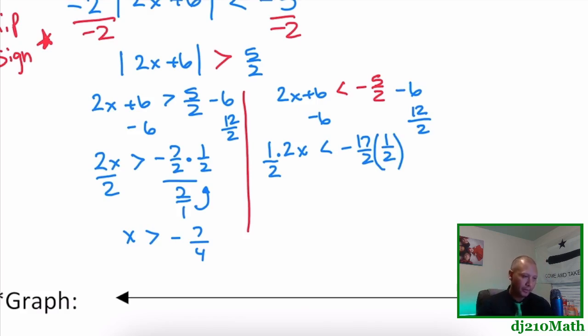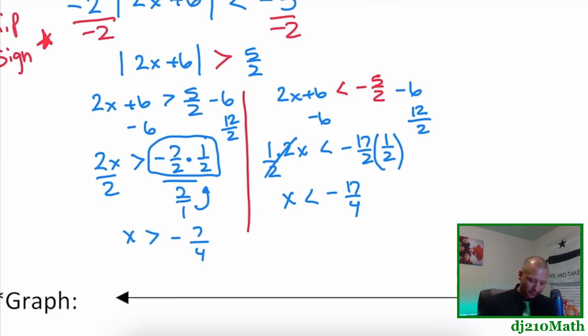That's equivalent to dividing by 2. And that's exactly what happened on the left eventually, right? You're multiplying by 1/2. So on the left side of the inequality, 1/2 times 2 cancels, so we get x less than negative 17 over 4.